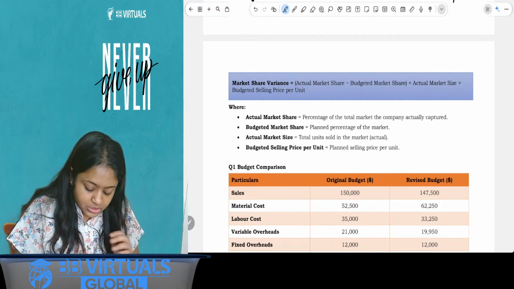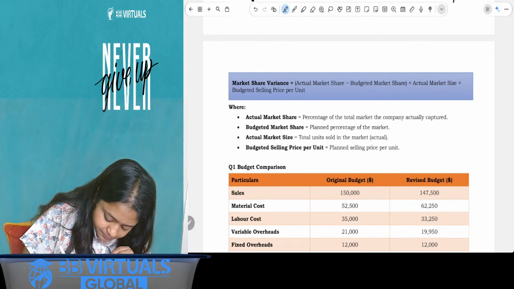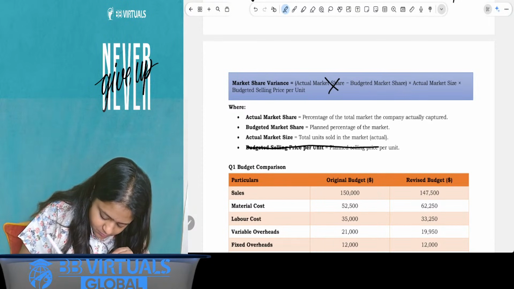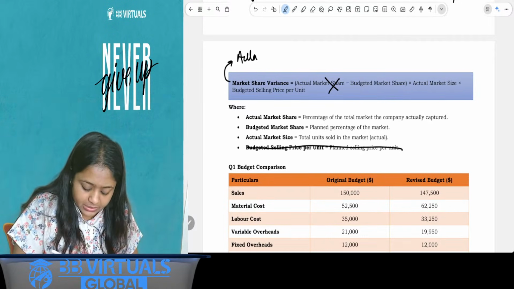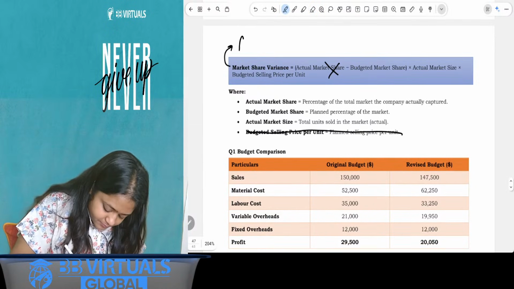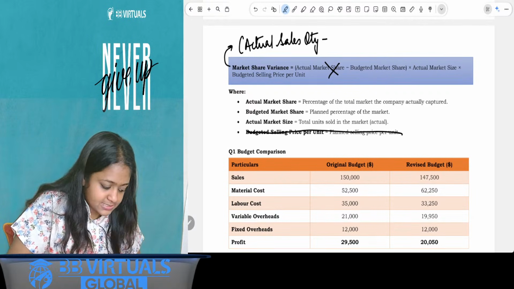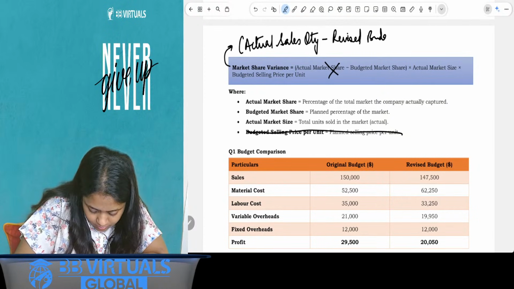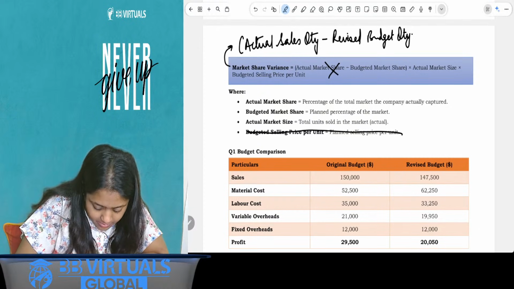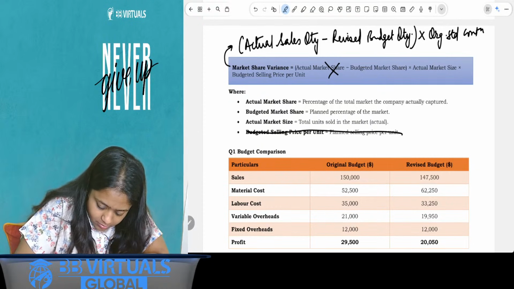For market share variance, you will take the difference between actual sales quantity less revised budgeted quantity, and multiply it with original standard contribution per unit or profit, as the case may be.